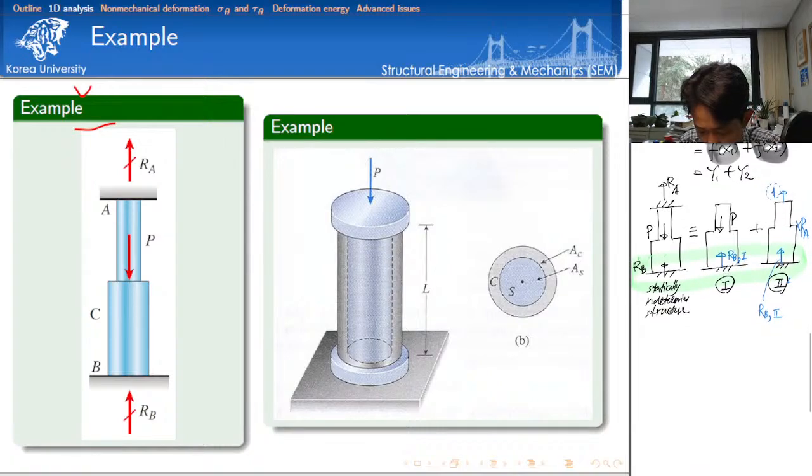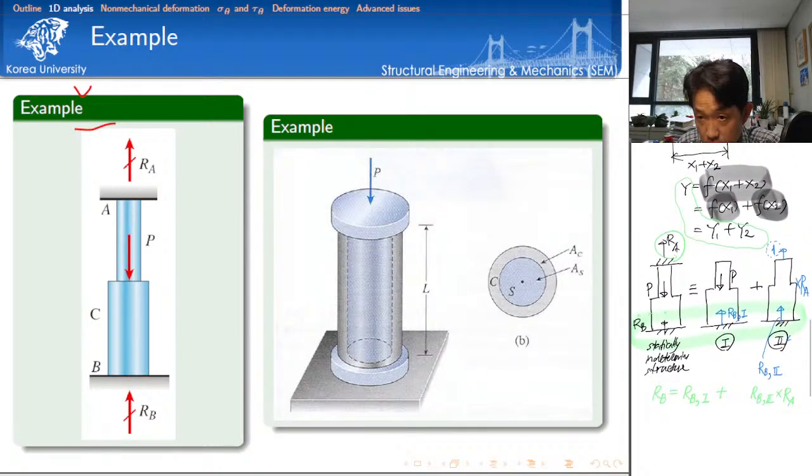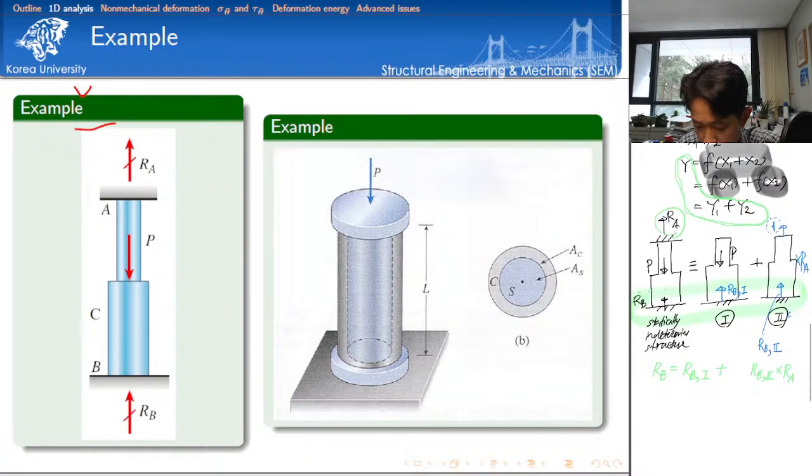If you check the reaction, RB is equal to RB of system 1 plus RB in system 2, multiplied by the actual RA in the system. According to this principle, linear superposition, the characteristics of a linear system.